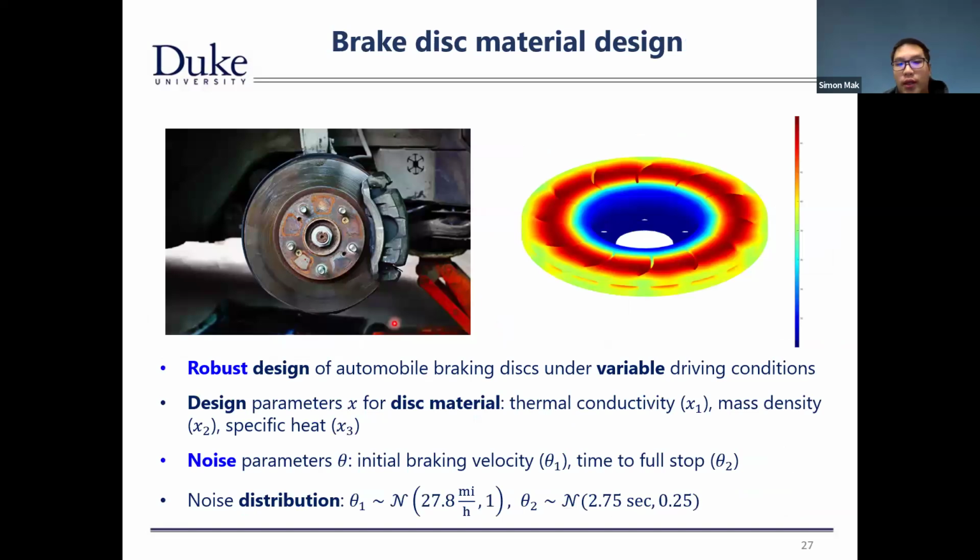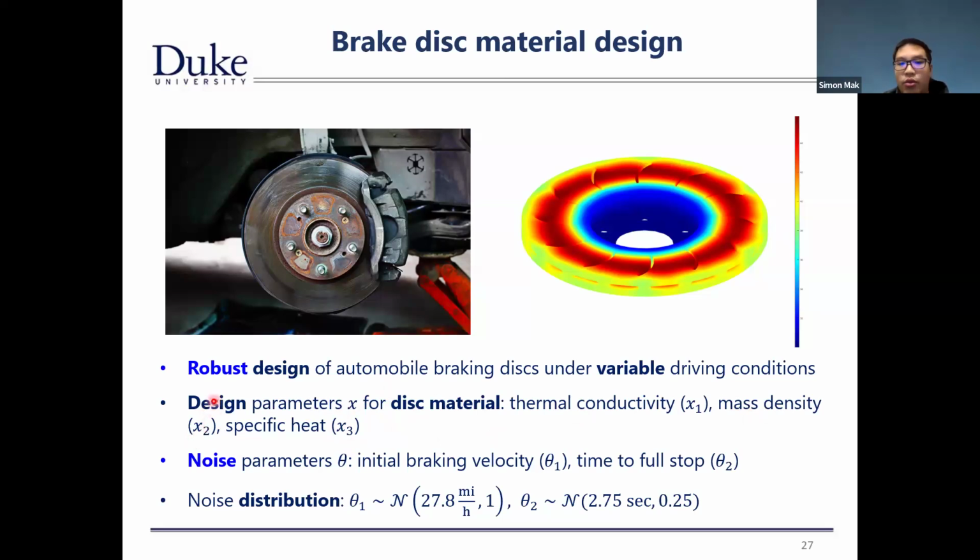Okay, so we then took a look at an application of this. It's a very simple application where we're thinking about how to design brake discs for automobiles. Okay. And so you can imagine, this is quite important when you're driving under variable driving conditions, right? So the design parameters that we're going to deal with are the disk properties, the material properties of this disk, right? So thermal conductivity, mass density, specific heat. These things are what we can optimize.